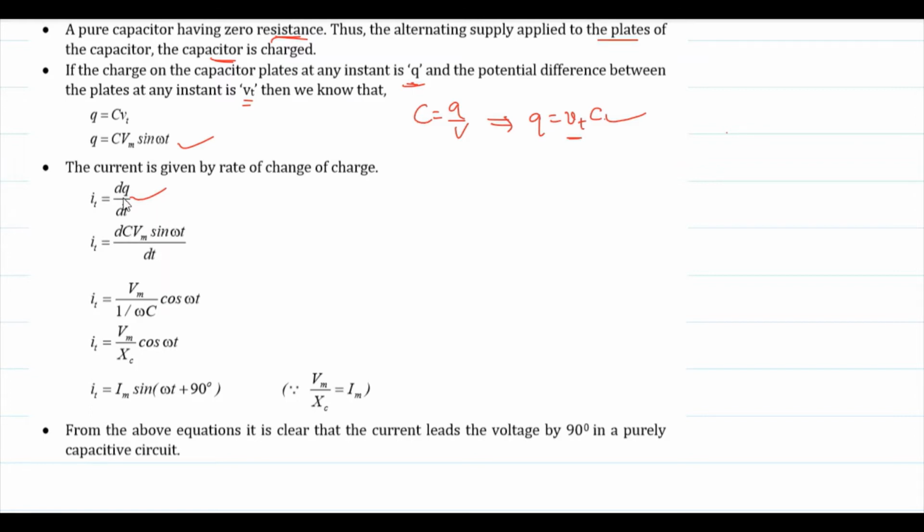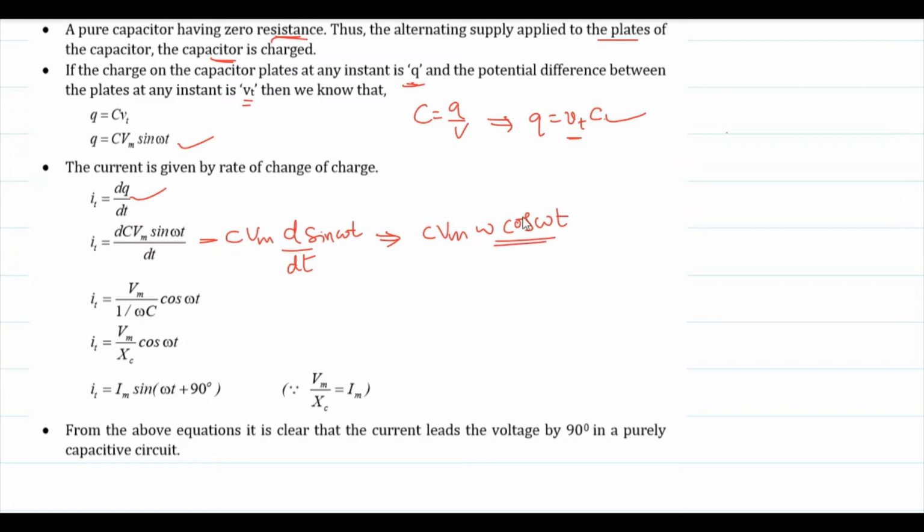So if you substitute this q value here, it becomes d by dt of C Vm sin omega t. As C is constant and Vm is constant, we take them outside, and we need to differentiate only sin omega t. Differentiating sin omega t, we get C into Vm, then omega cos omega t.